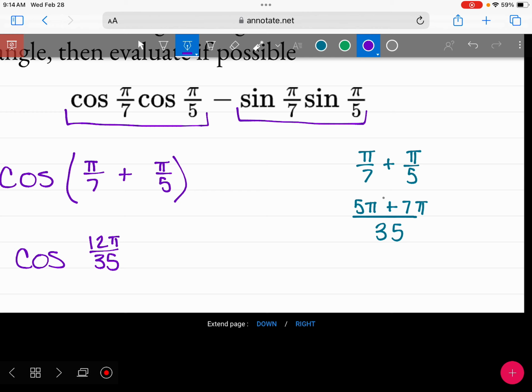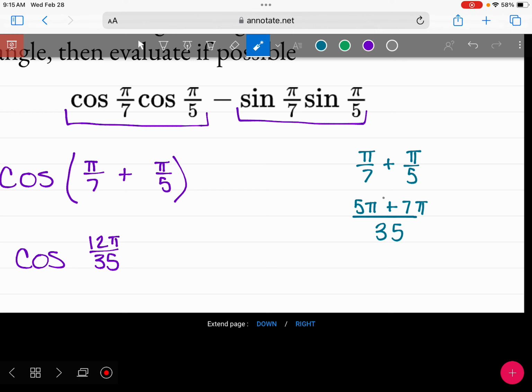Can we evaluate that? Can I get like an answer? Even if we break it apart, these would be the only real pieces we could break it apart into. 35 is not going to get down into an over 6 or an over 3 or an over 4.